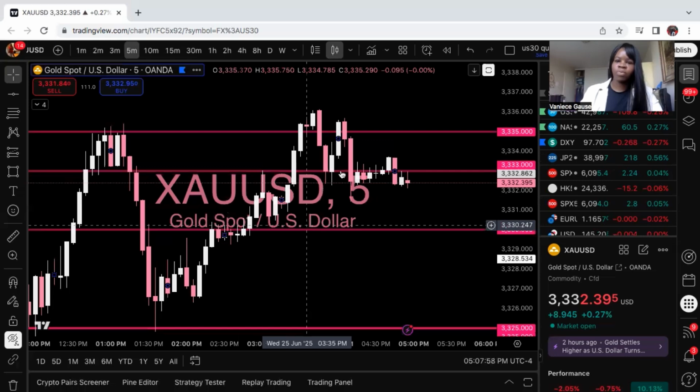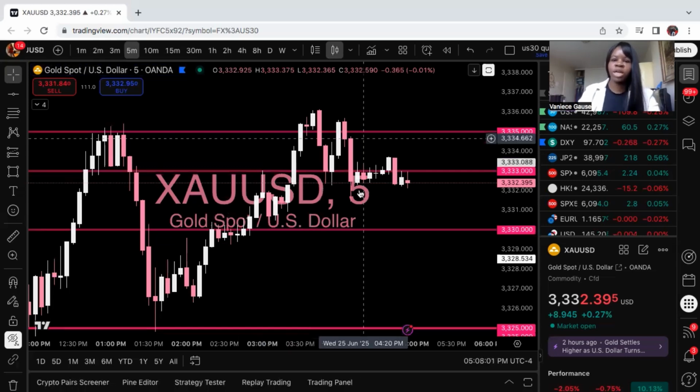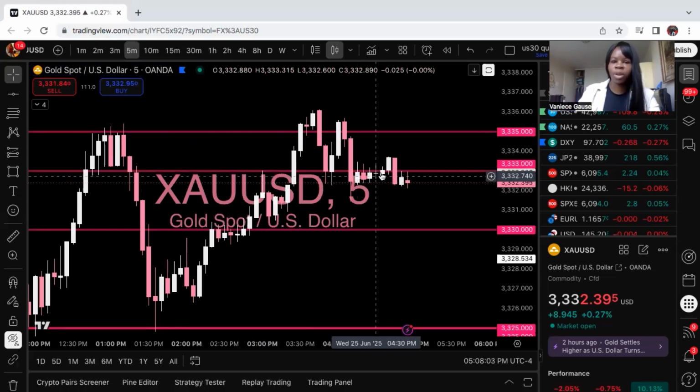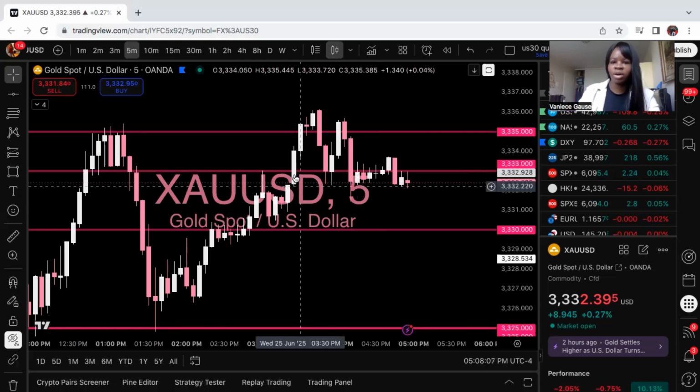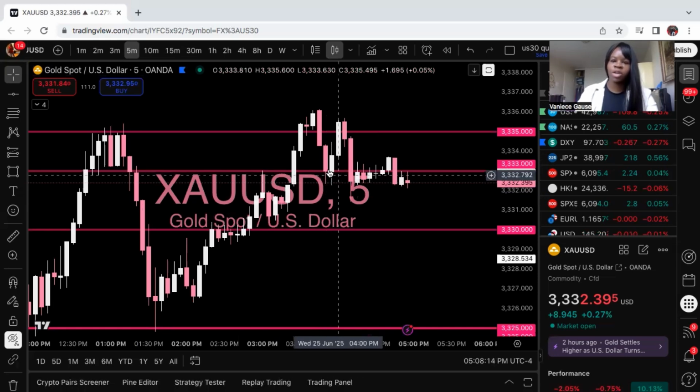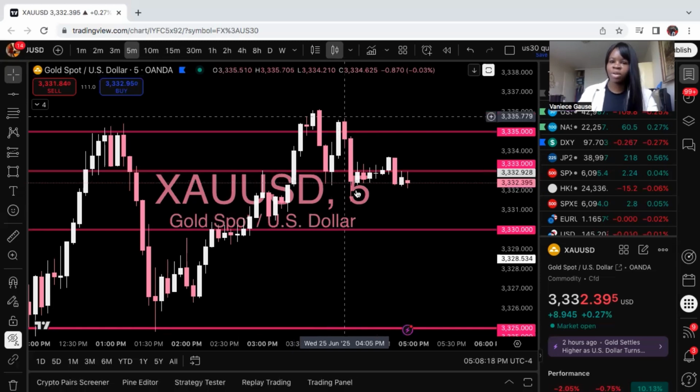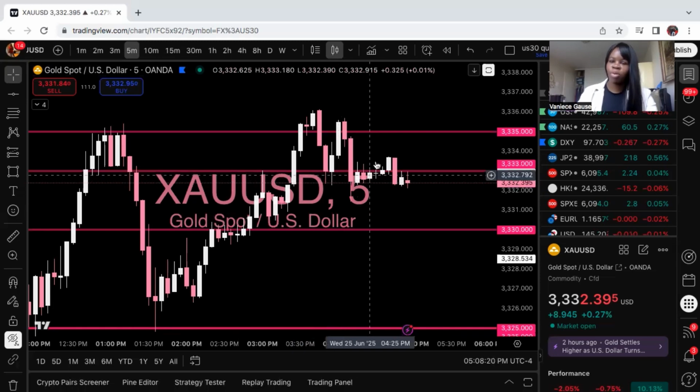And usually what gold does is she'll push into that area and she'll kind of play around it for quite some time. As you can see right here, she pushed into it, pushed off of it. And then over here, she played around a little bit and she basically formed something called a wick rejection. And then she pushed up. And then over here, she had more trouble breaking through that area, right?